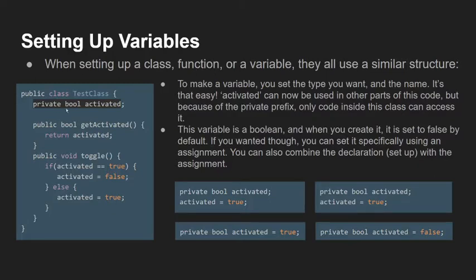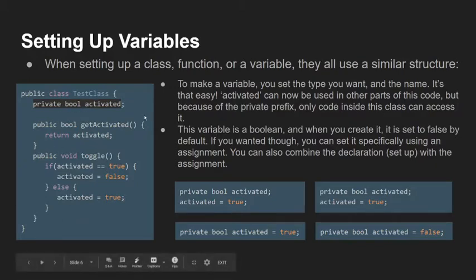For this example, we're using Boolean, which is represented by bool. But you could also use integers, which is int, doubles, which is spelled as it looks, and characters, which are spelled char. But we're just going to use bool for this example. Later, I'll have one with int, but for now, this is bool.